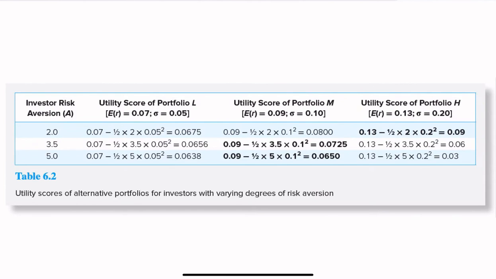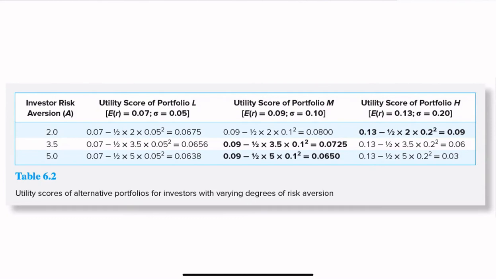So it's not a simple or clear-cut answer on which portfolio is preferred if you don't have the utility function here. So now we could use the utility function to rank these different portfolios for different investors.